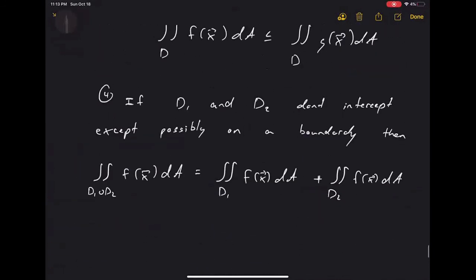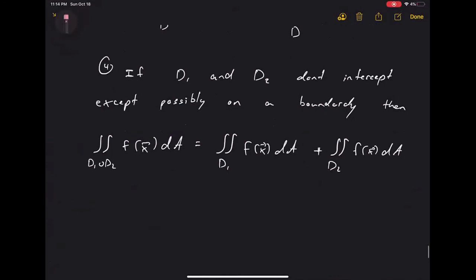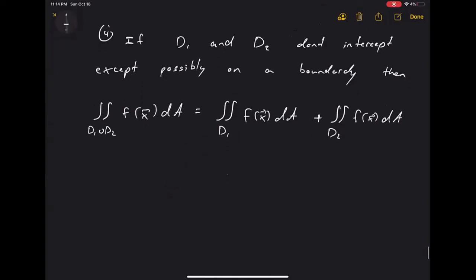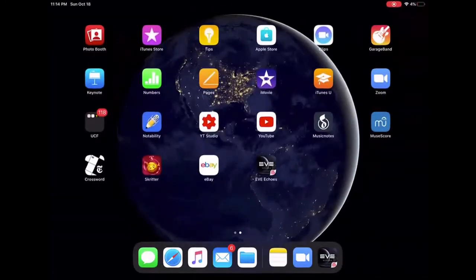Let's say D1 and D2 are two regions that only intersect, maybe they never intersect, or maybe they intersect just on the boundary. Then what does this symbol here mean? On the left side, this is the integral of f on the union of D1 and D2, which is just a fancy way of saying both D1 and D2.